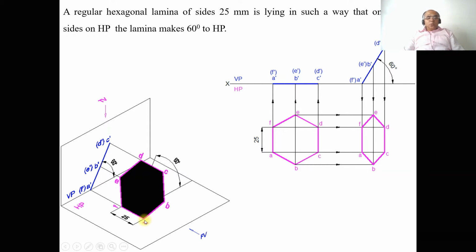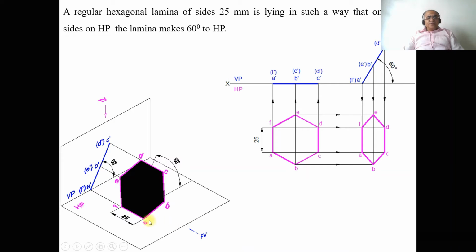So what we do, we take AF to rest on HP, and then the lamina is rotated by an angle of 60 degrees such that the surface is inclined at 60 degrees to HP. With respect to VP, the surface is perpendicular.